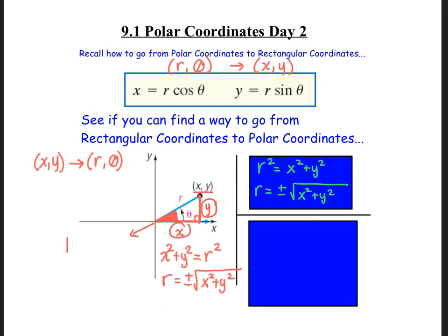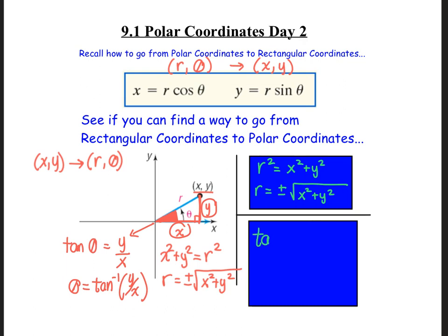So my equation could say that the tangent of the angle that I'm looking for will equal the opposite, which was the y value, over the adjacent, which is the x value. And therefore, to solve for the angle, I'm just going to do the arctan, or inverse tangent, of y over x. So now I've got formulas for finding the angle.